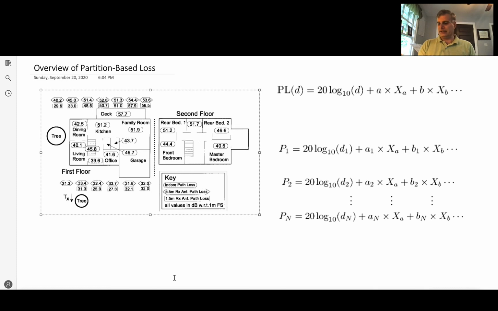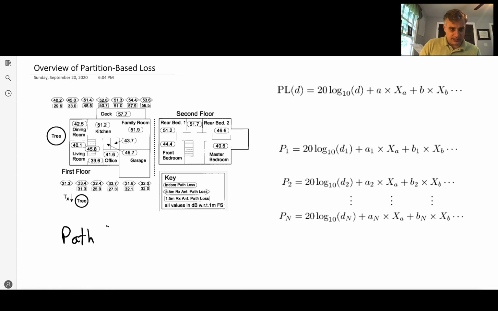So let's say I have a map of a building. You see, this is actually a home where some real live map measurements were taken. And the numbers you see here are path loss in dB with respect to 1 meter free space, which means you use the Friis formula to calculate your loss from an antenna, which in this case the transmitter is down here somewhere.